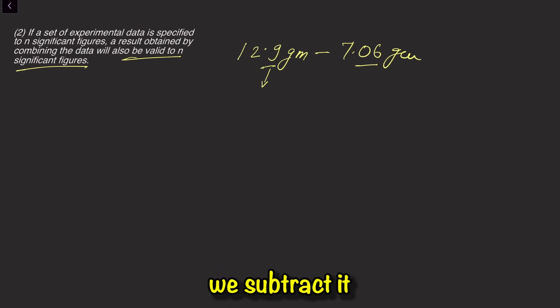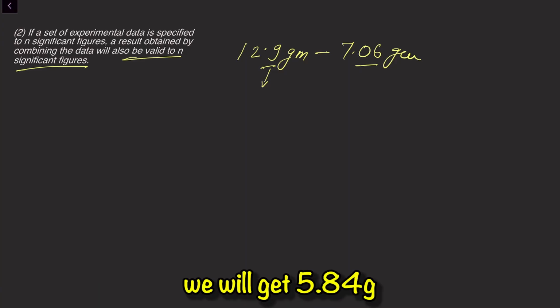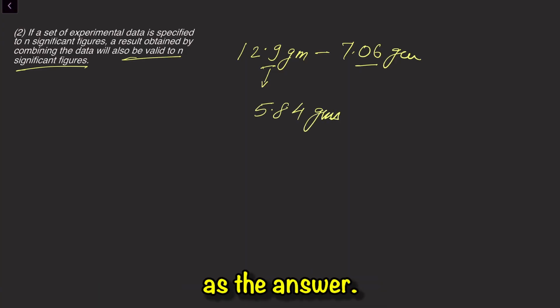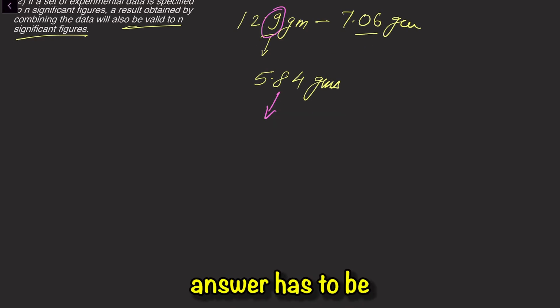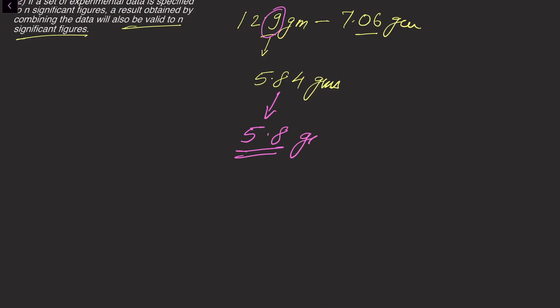If we subtract, generally we will get 5.84 grams. But as per significant figure theory, the final answer has to have one digit after the decimal place. So this is the answer.